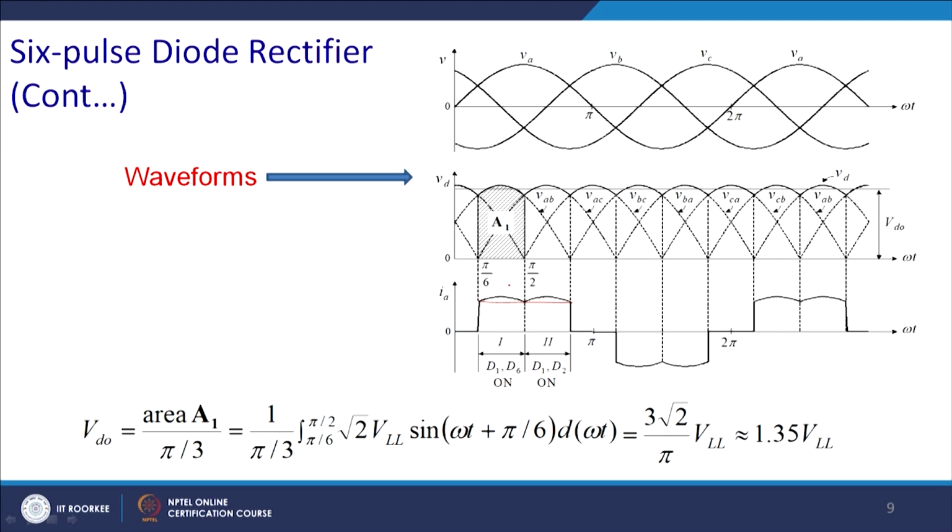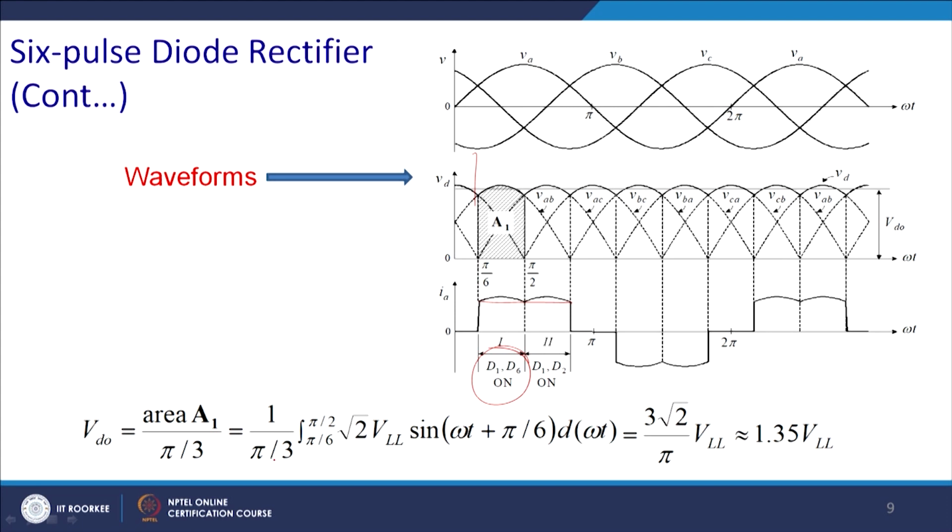As you have seen, it will start in conduction mode, because it is equivalent to alpha equal to 0, when D1 and D6 start conducting, and thus you get the area A1 by pi by 3.